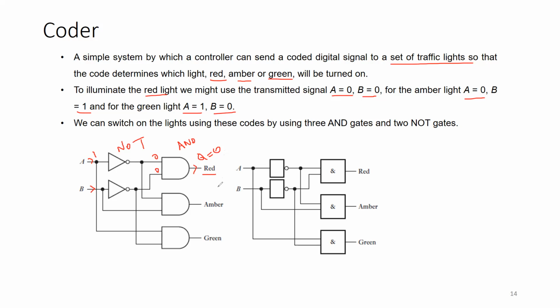Okay. So for amber, what is done? For the amber light, A should be 0, B equal to 1. That means A should be taken after the NOT gate, and B should be taken directly from here. So that means A0, B1, giving the light as an amber light.